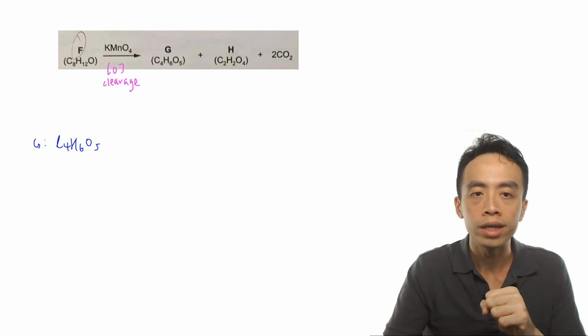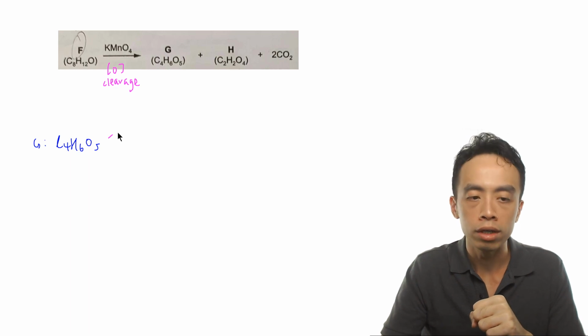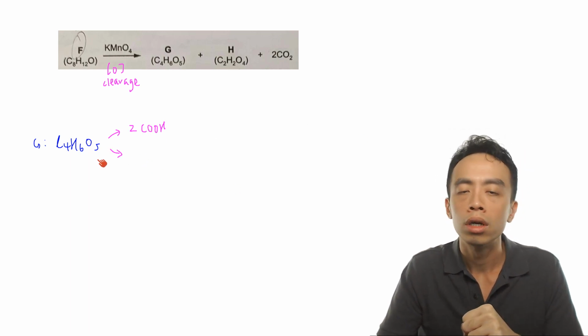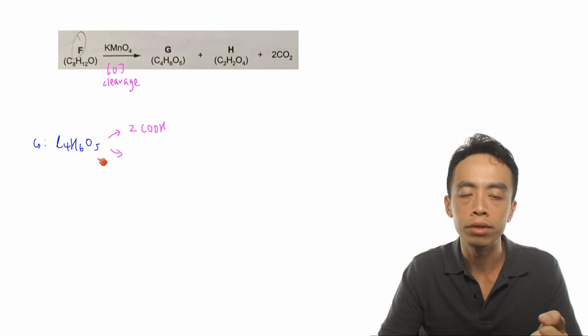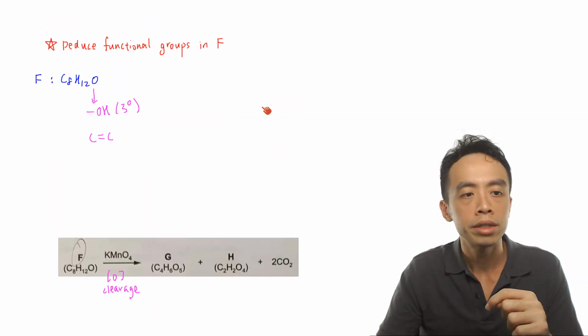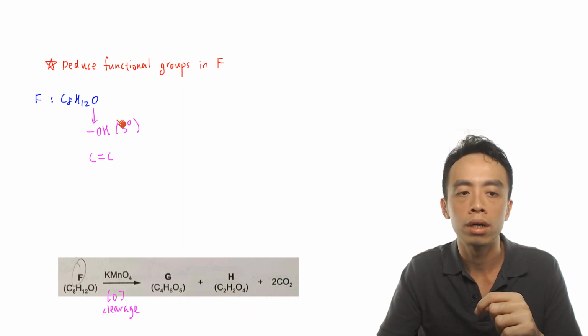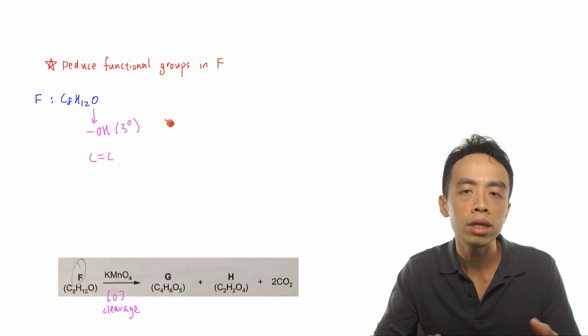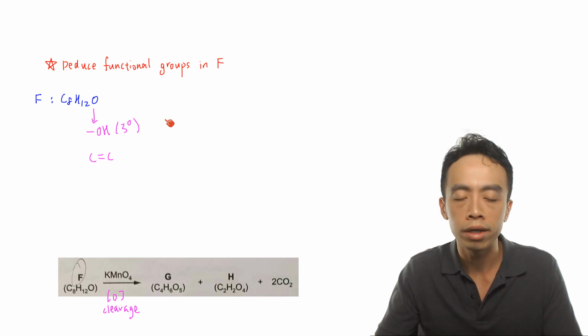Let me write down the acid first, because I think that one is valid. Most likely I'll have 2 acid groups present. Now, the other oxygen, will it be a ketone? What we have to remember is that earlier, our deduction is that F has a tertiary alcohol. A tertiary alcohol is resistant to oxidation. Even KMnO4 cannot oxidize that tertiary alcohol.